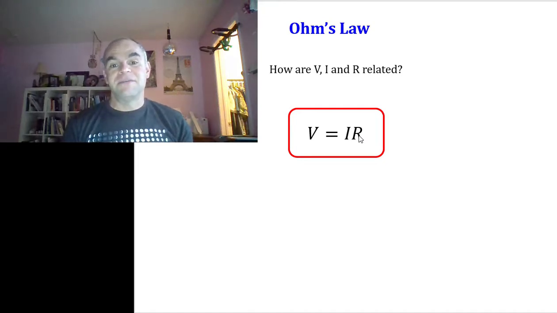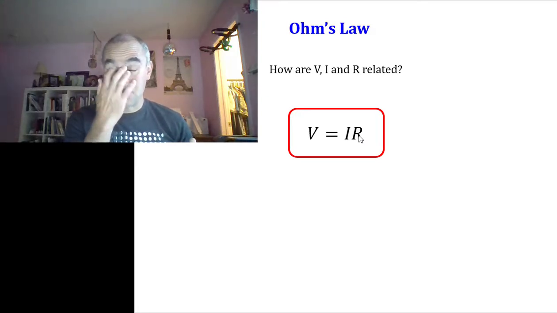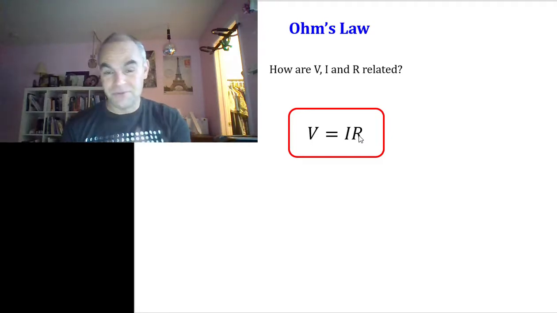Similarly, let's say you change the resistor, you put in a bigger resistor and you have the same sized current that's passing through, whether it's a big or a small resistor. If you increase the value of the resistor, you're going to increase the value of the voltage for a given amount of current that's passing through the resistor. So you have to keep the current fixed in order to understand this relationship in its basic form.